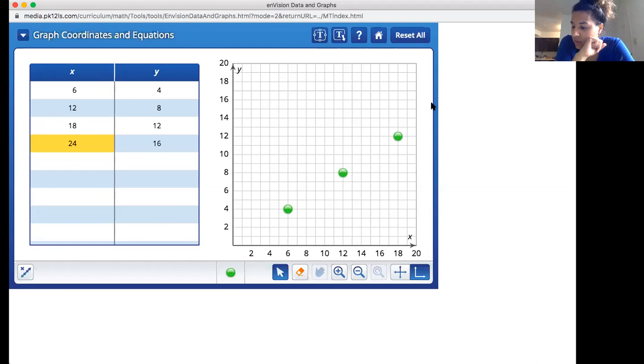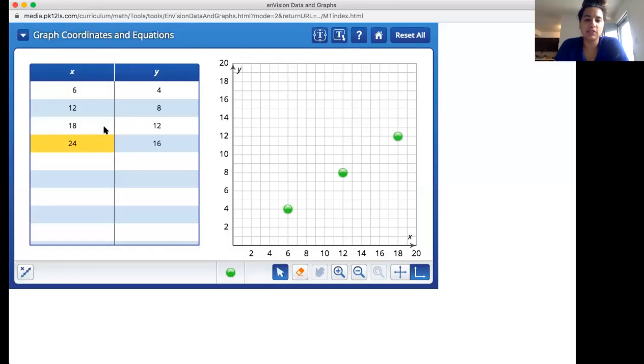So what can you multiply 6 by to get 4? That's a tricky question. What can you multiply 6 by to get 4? So you know it's going to be less than 1. So hopefully you said that it's 2/3. Okay, sorry about that. Let me continue here. Let me go back to our graph.